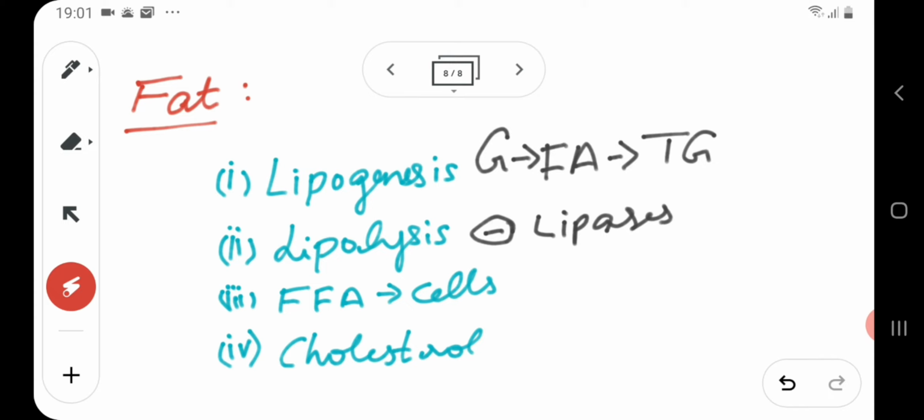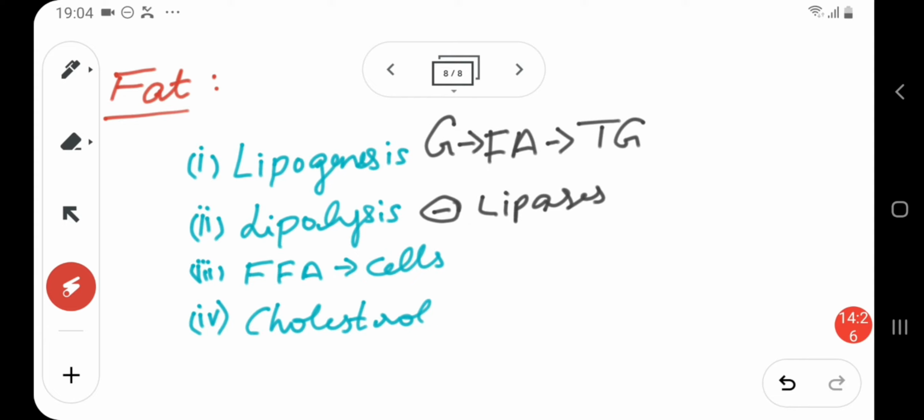So this gets converted into ketone bodies such as acetone, acetoacetic acid, beta hydroxybutyric acid, and this will lead to acidosis. So when there is uncontrolled diabetes mellitus, the free fatty acids might lead to acidosis. So diabetes mellitus should be kept under control.